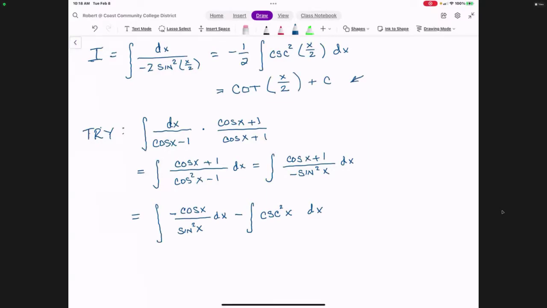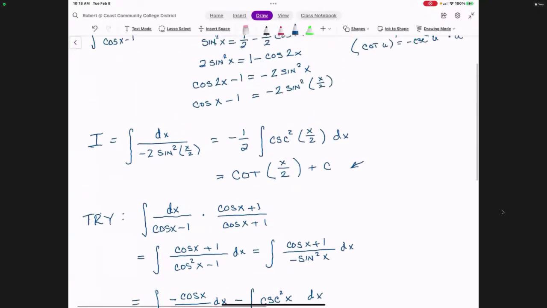Sorry, but how did you get to the integral of cosecant squared x? Isn't 1 over sine squared cosecant squared? Oh, okay, I see.